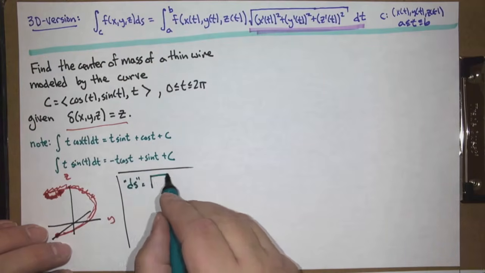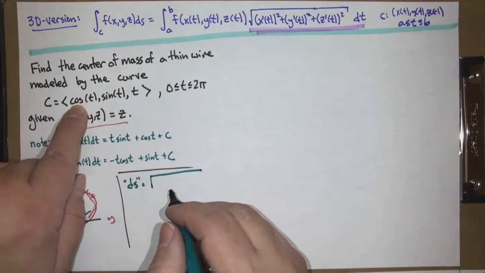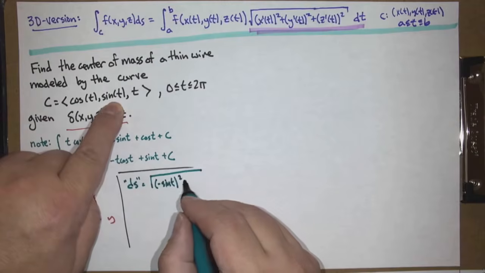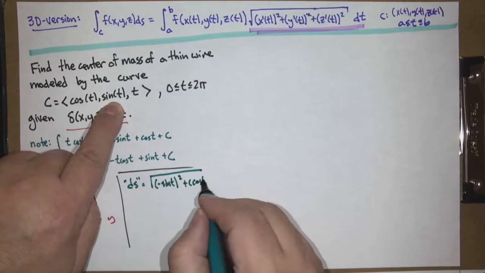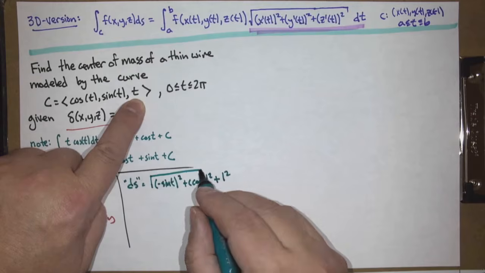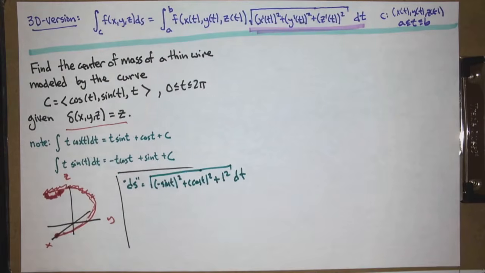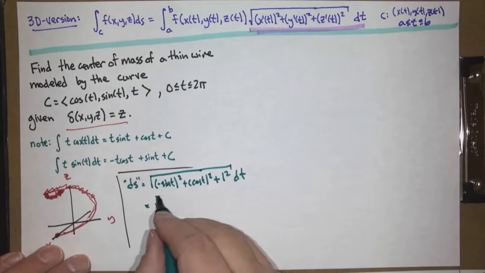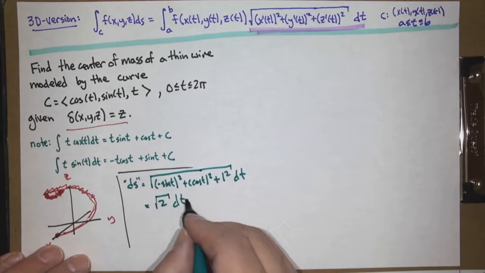All right, so that's the square root of x prime squared, so minus sine t squared, y prime squared, cosine t squared, and then derivative of t is 1 squared. So you get sine squared plus cosine squared plus 1. What's another name for that? It becomes 2. So square root of 2.